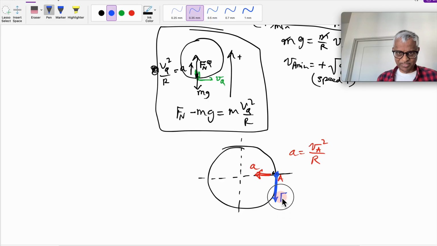You have Fg, well, mg, so weight is pointed down, acceleration points that way.